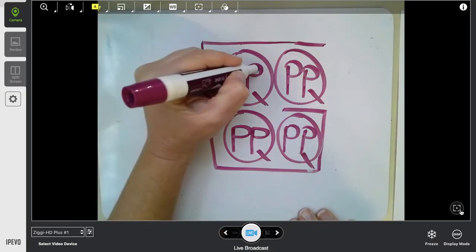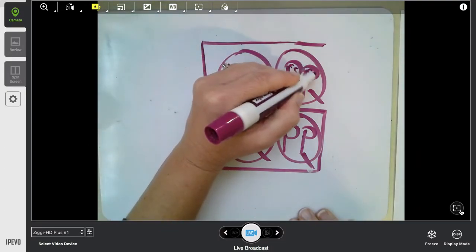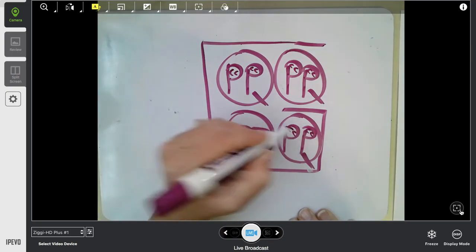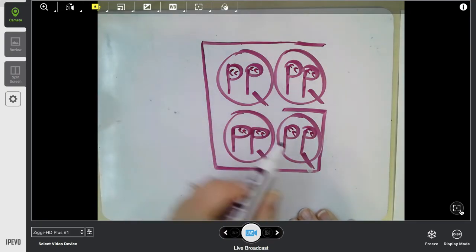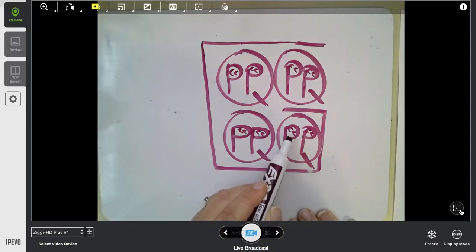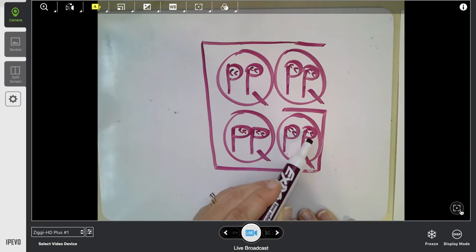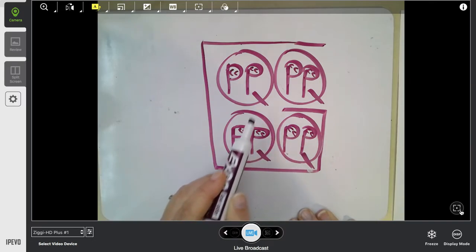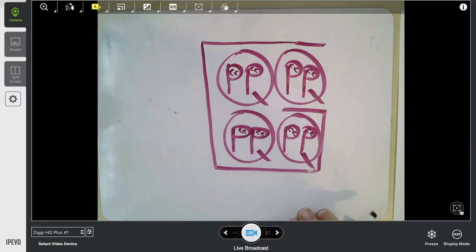Then inside each pint, we have 2 cups. So 2 cups make 1 pint. 4 cups make 2 pints, which is also equal to a quart. 2, 4, 6, 8, 10, 12, 14, 16 cups equals 1 gallon.